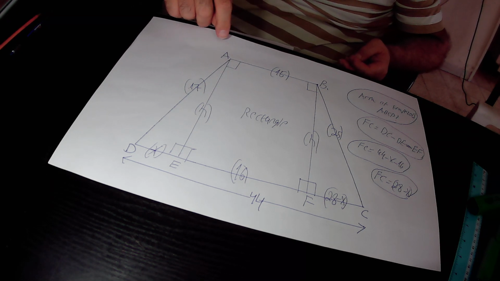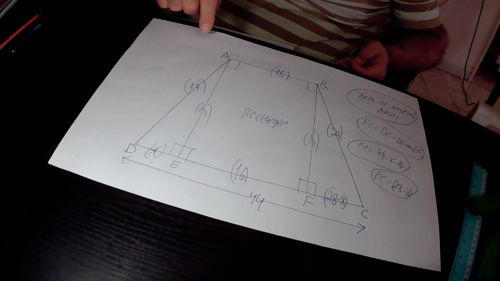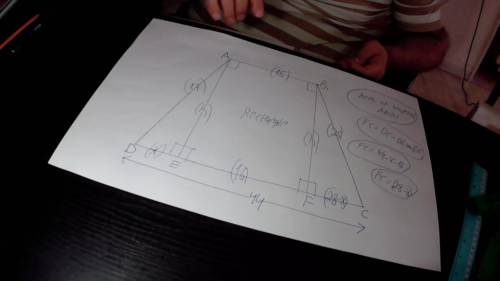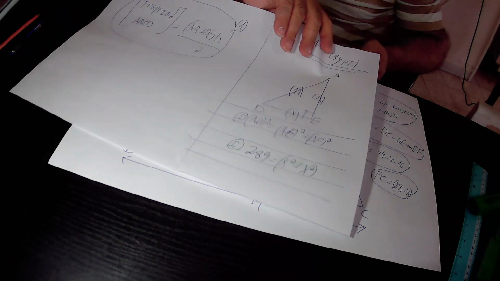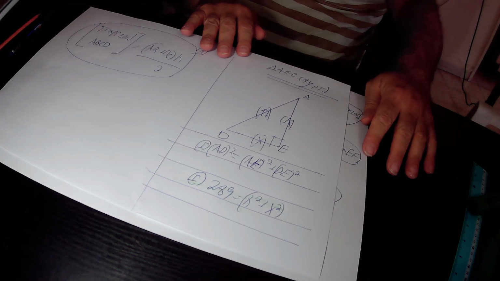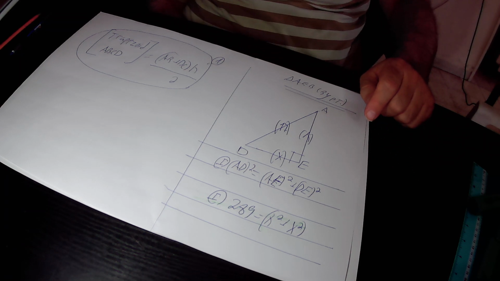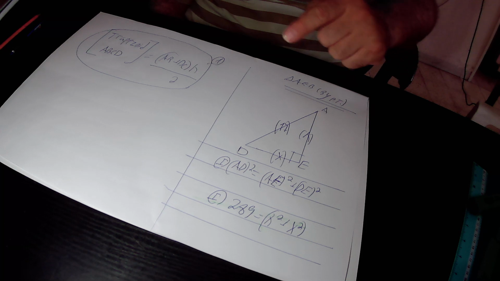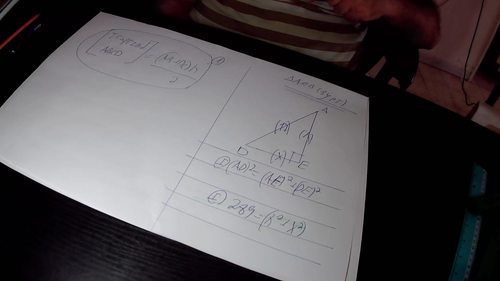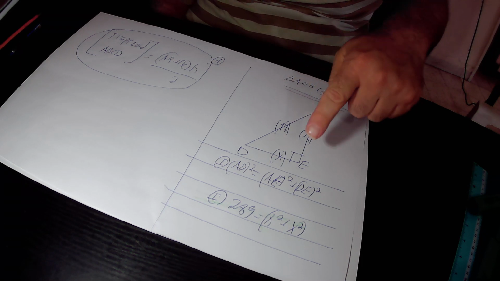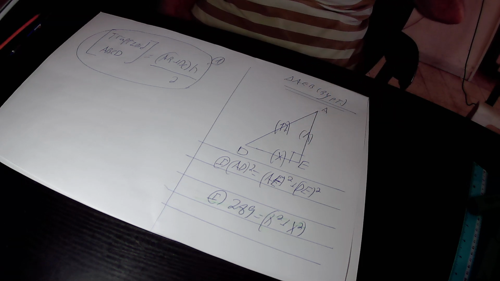In the next step, I copy the right triangle AED onto a new page and implement the Pythagoras theorem in this right triangle AED. This is the right triangle AED that I copied from the original drawing. According to the Pythagoras theorem, AD squared, that is the square of the hypotenuse, is equal to AE squared plus DE squared.